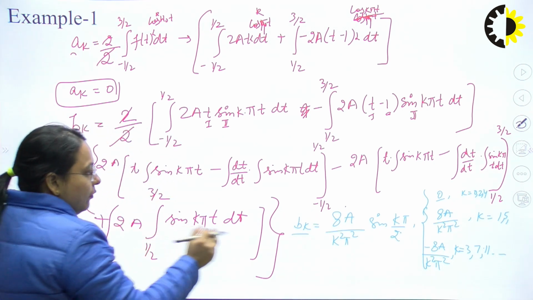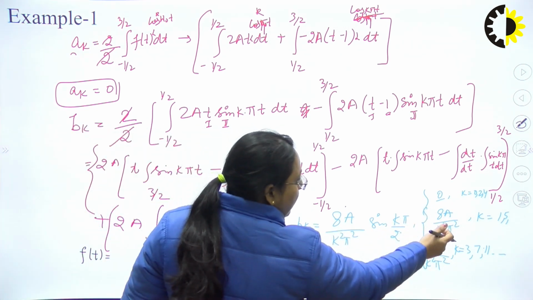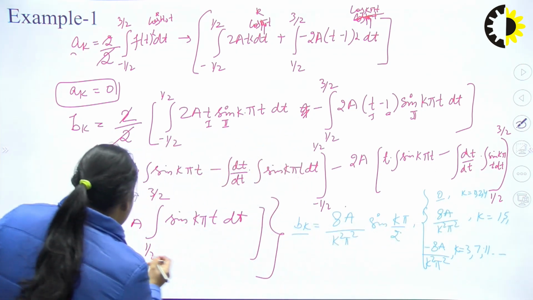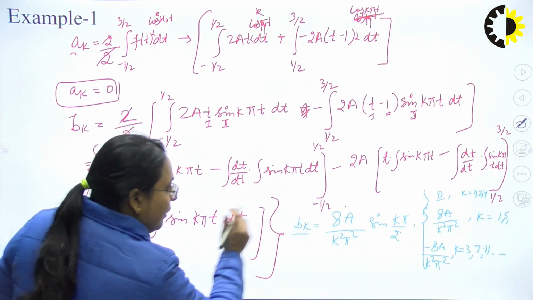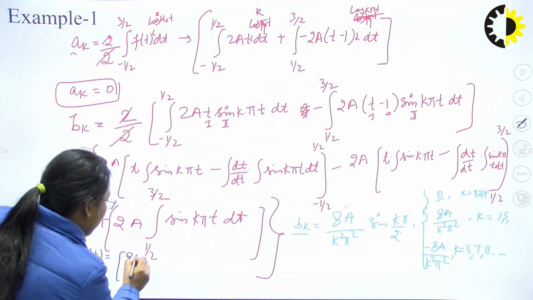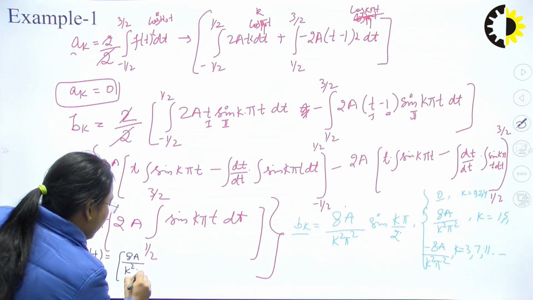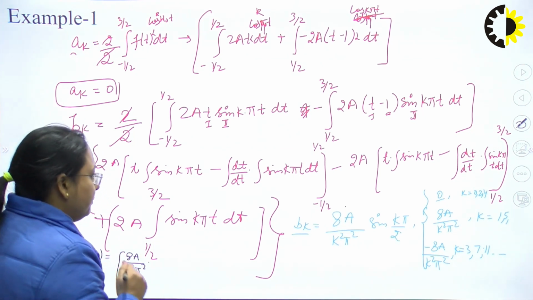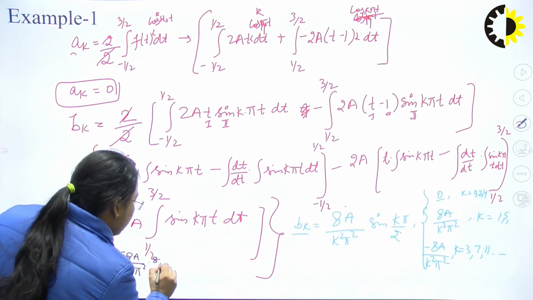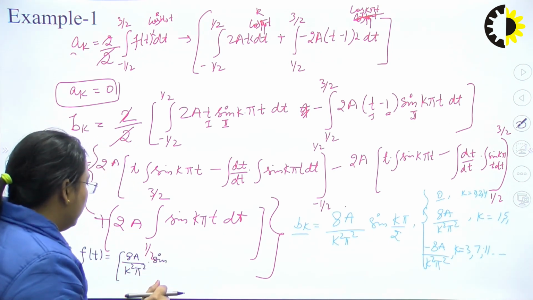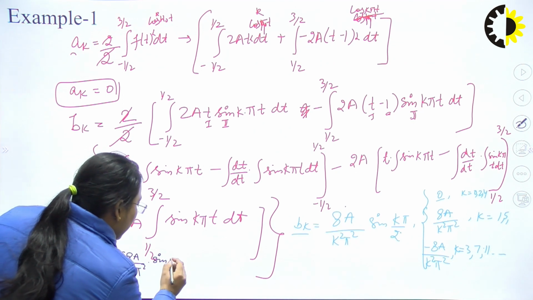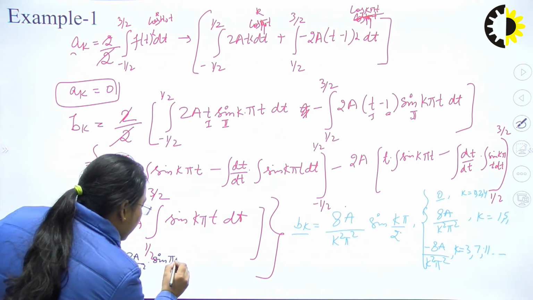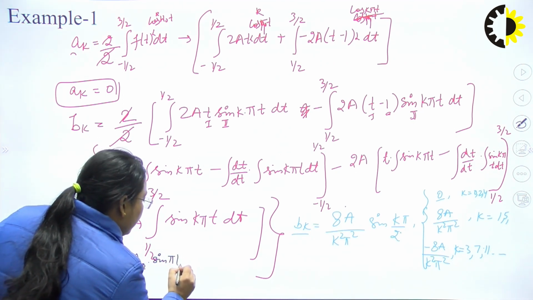So when I am putting k is equals to 1, then it is coming out to be 8a upon k square into pi square into the term was sine k omega naught t.